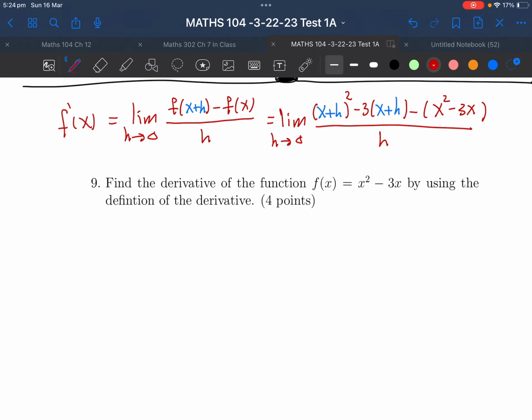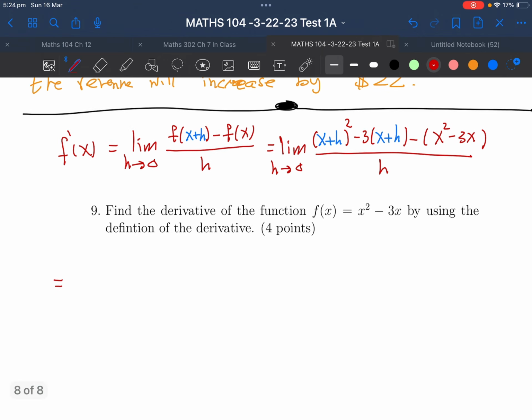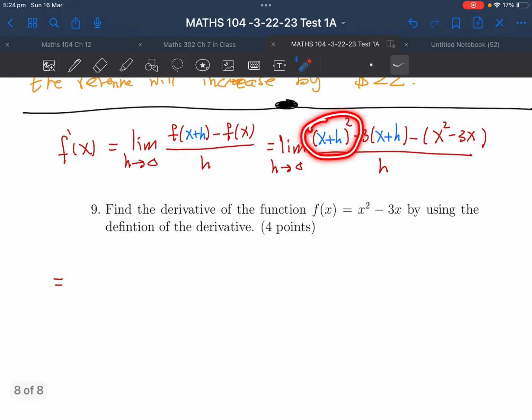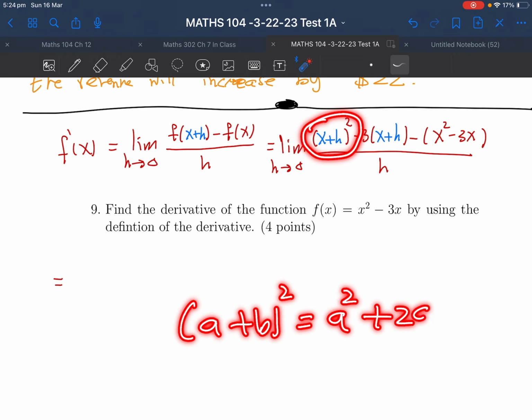And now, all you need to do is simplify the answer. Well, how do we open this bracket here? Remember, if we have (a plus b) squared, this means a squared plus 2ab plus b squared. That's how we open the bracket.